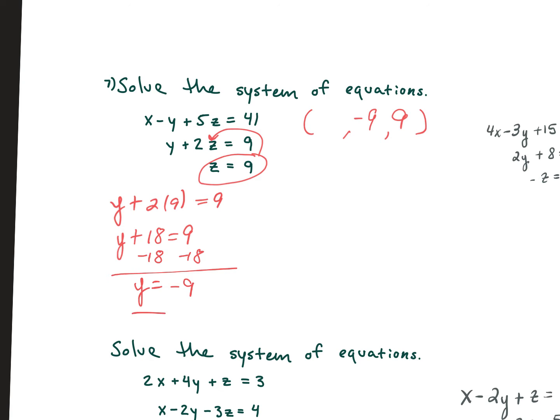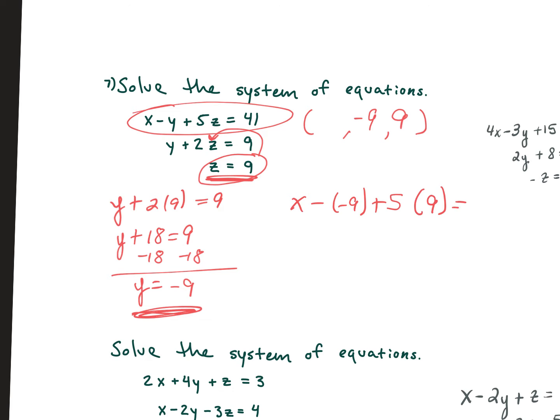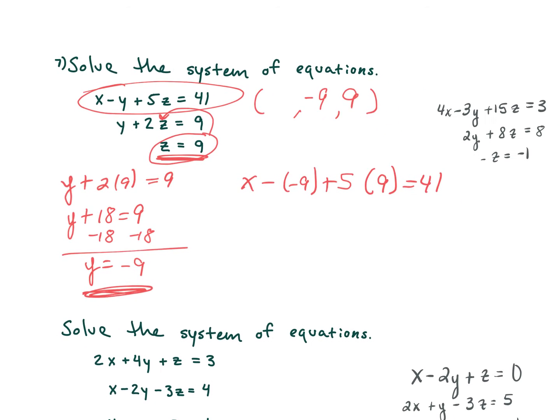Now I'm going to take y equals negative 9 and z equals positive 9, and I'm going to plug that into this top equation so I can find out what x equals. So I have x minus, my y is negative 9, plus 5 times z, which is positive 9, equals 41. If I have x minus the negative, that's going to give me plus 9. 5 times 9 is 45, so plus 45 equals 41.